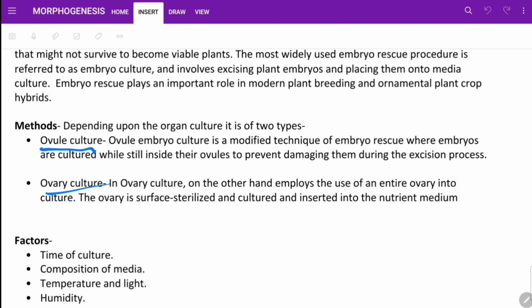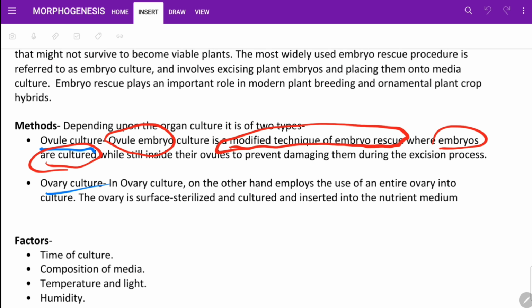It is a modified embryo rescue technique where the embryo is cultured still inside the ovule to prevent damage during the excision process.